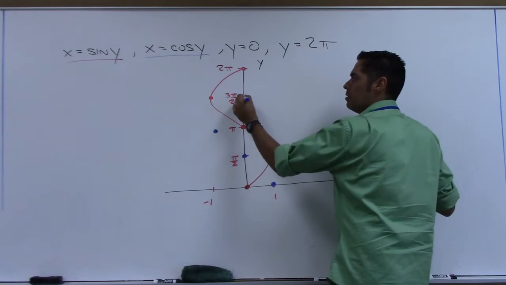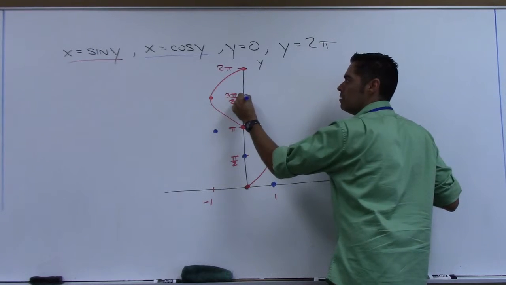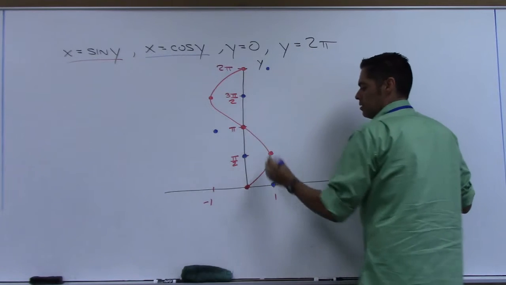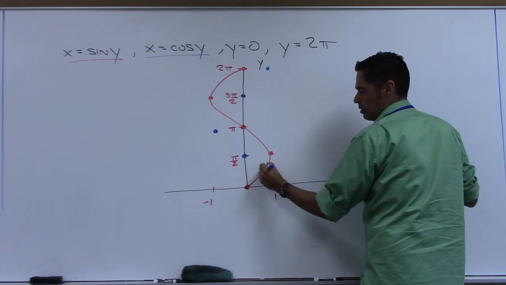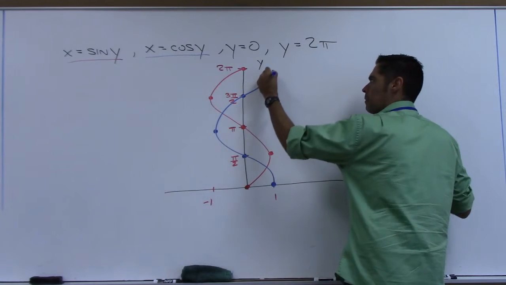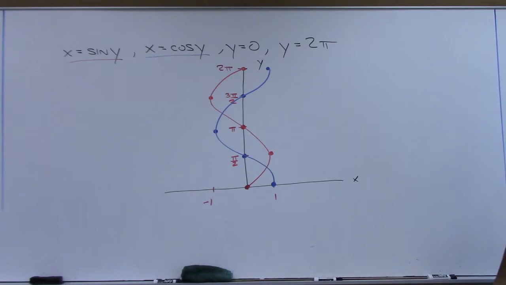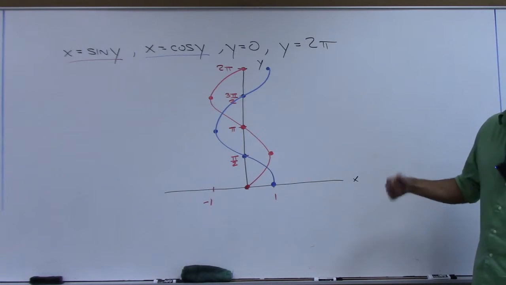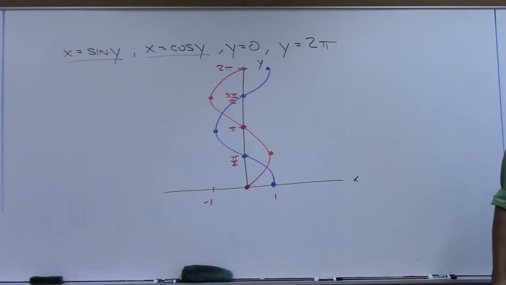At 3 pi over 2, cosine is 0. And cosine of 2 pi is 1. So you get this picture. Again, if you're on the other side of the board looking in, tilt your head, that's cosine.